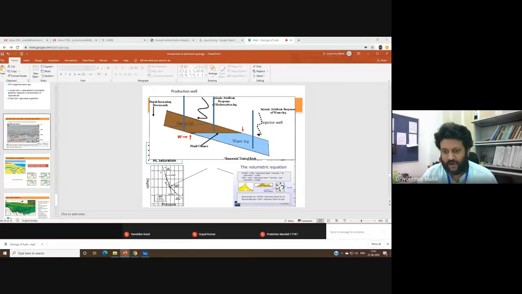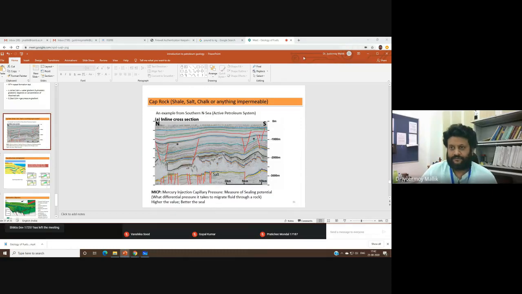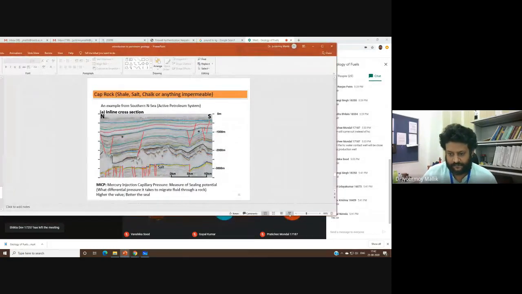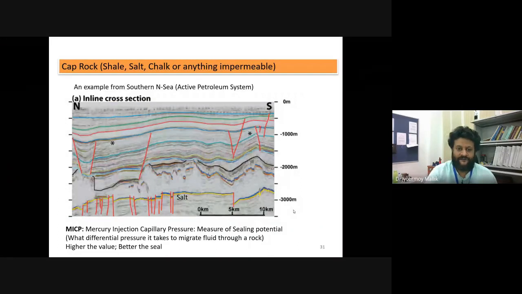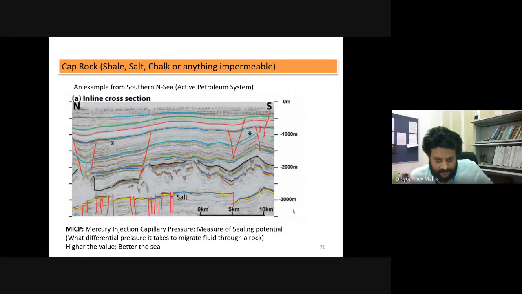So we have not yet talked about all the elements, right? We still need to talk about the trap, the migration system, and everything. Now, some of you are familiar with this particular picture. Some of you are not. Okay. So I will explain what you are looking at, and I will also explain briefly how it is taken.